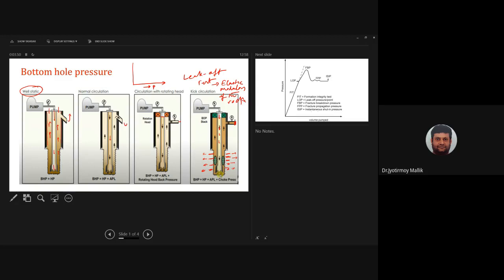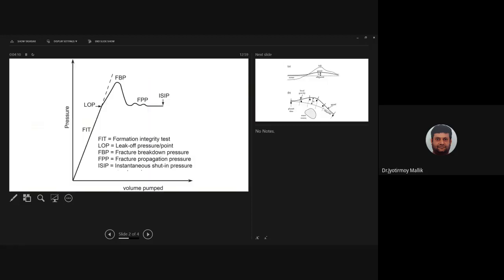If the elastic modulus is less, for example if Young's modulus is less, it is easier to fracture this formation. If the Young's modulus is higher, then it will be difficult to fracture this formation. Now if I look at the next picture, it will be further clearer.